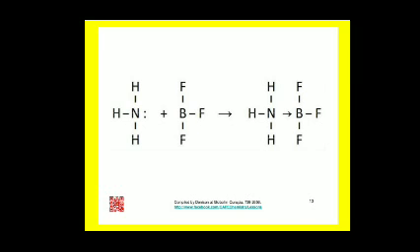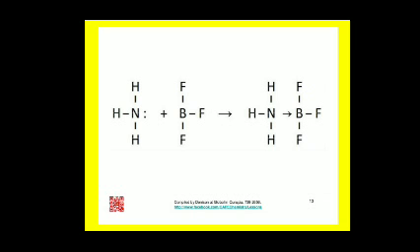In boron trifluoride, there are three covalent bonds between boron and fluorine, and the central boron atom has one empty orbital. It requires two more electrons to get the stable electronic configuration of ns2np6. So the nitrogen lone pair is donated to boron trifluoride, forming a shared pair between nitrogen and boron.